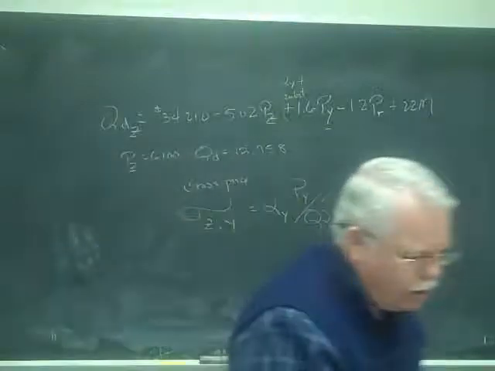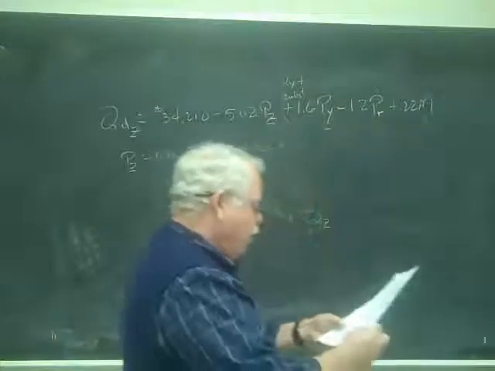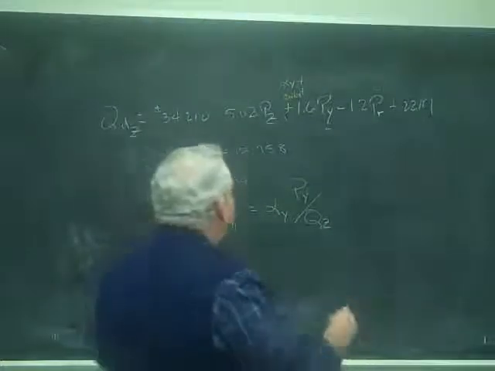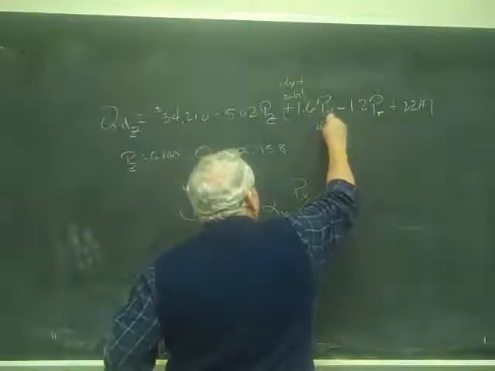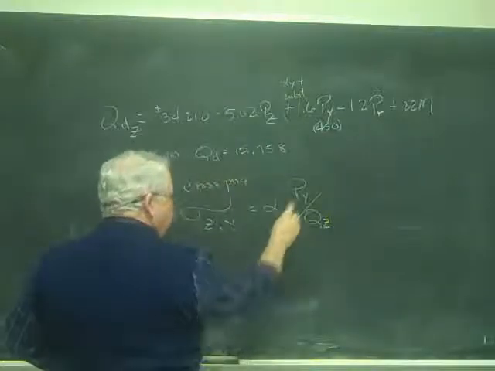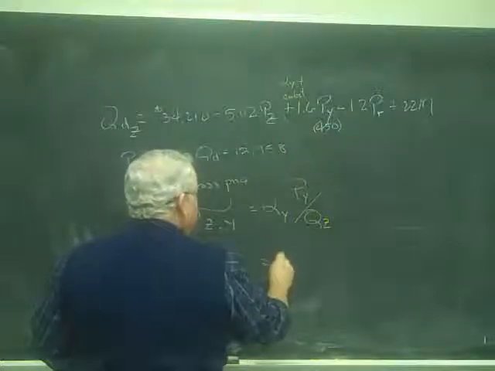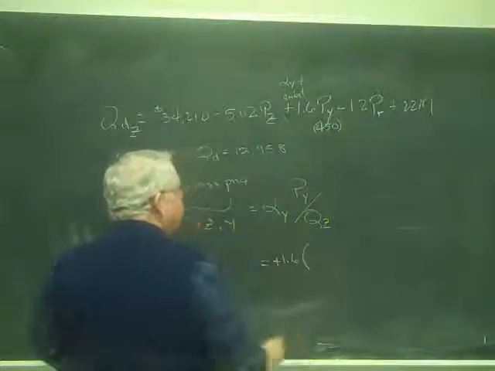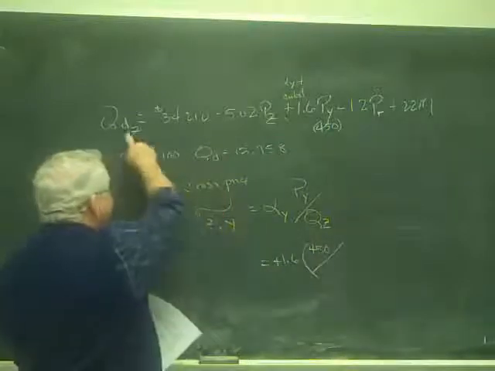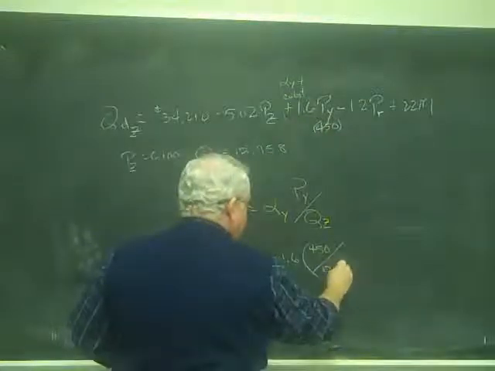Well, they gave us a price for Y, right? They said the price of Y is $450. Well, let's plug these numbers in. Alpha Y is plus 1.6. The price of Y is 450. And how much Z are we selling? 12,958.